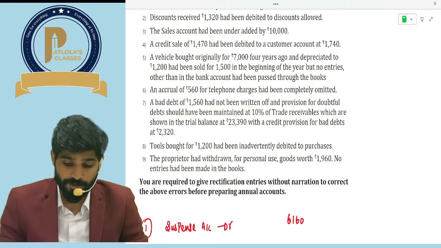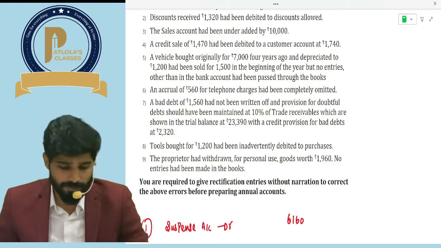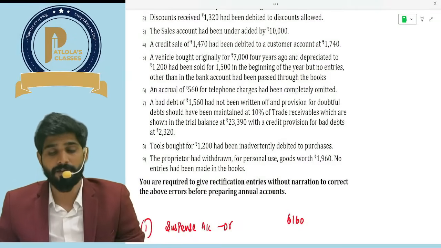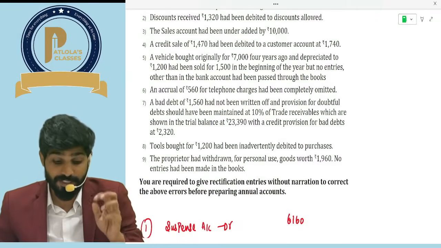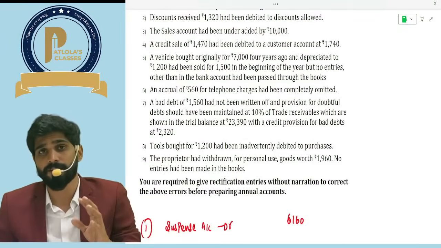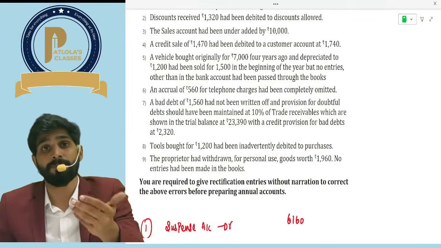And how much is the provision for bad debts balance? 2,320. Let us leave the provision balance for now. Let us first understand how much trade receivable is the correct amount, because whatever is given in the trial balance is 23,390, but we have done a lot of rectifications, so the trade receivable balance will change.